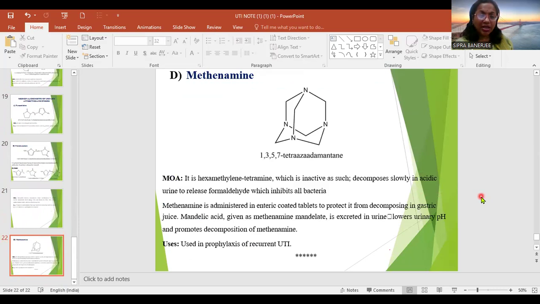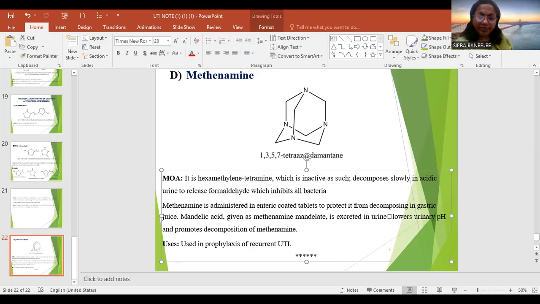That is hexamethylenetetramine, which is inactive, as it decomposes slowly, and is used in prophylaxis of UTI.